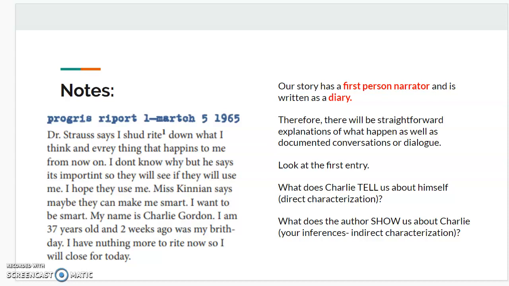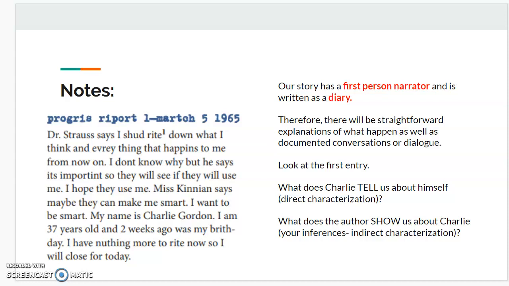So the second question would be what does the author show us about Charlie? What are our inferences? What's the indirect characterization? Well, if a character says, I want to be smart, there's the underlying implication that they must not see themselves as intelligent, or maybe other people don't see them as smart.